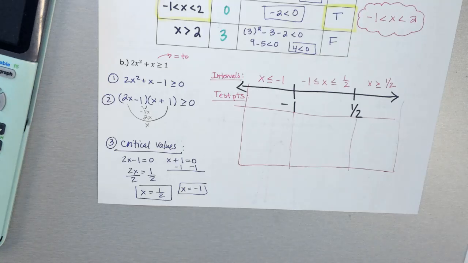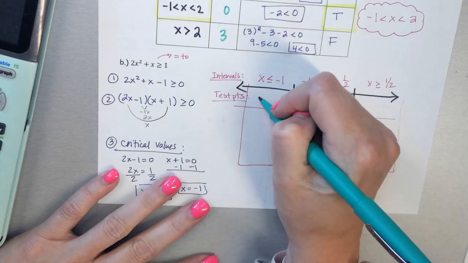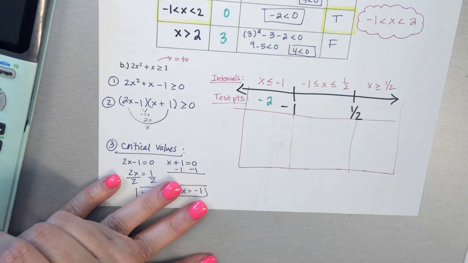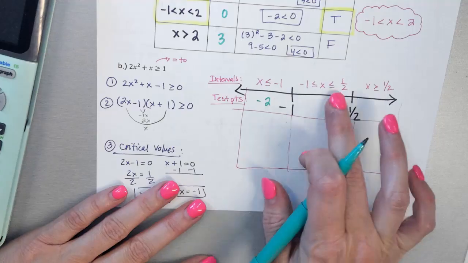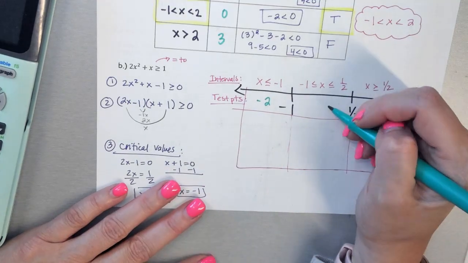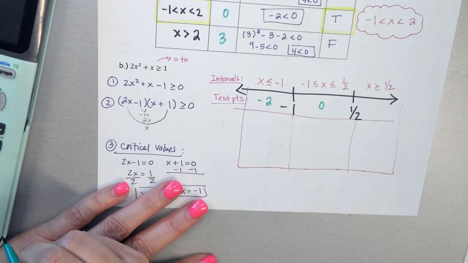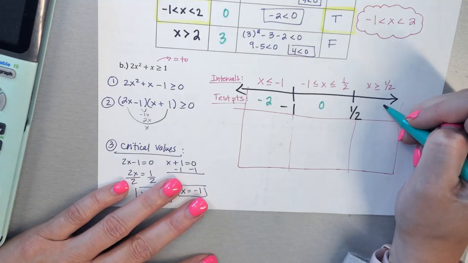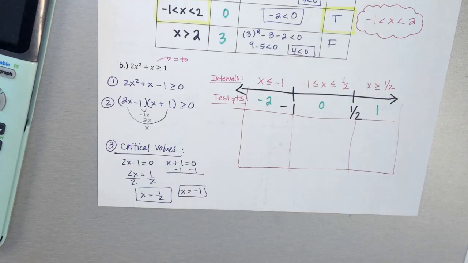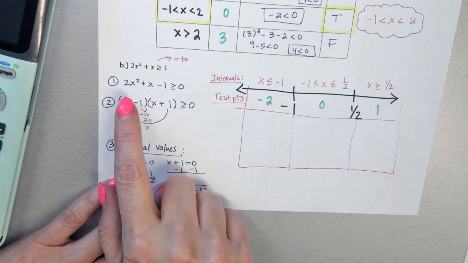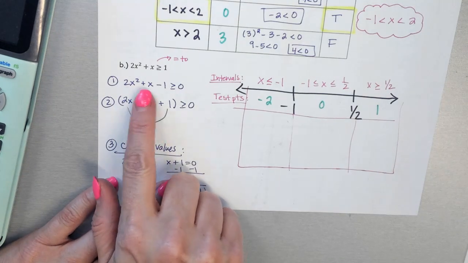Okay, so what's a number that's less than -1? -2. It can't be -1 because it can't be a critical value. What do we choose for -1 and 1/2? 0. That would be the best one. And then greater than 1/2, 1. So then you are plugging them in to, I would choose this equation.